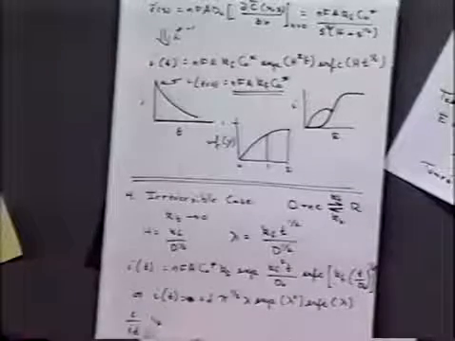I over ID is a function, F1 of lambda, equal to pi to the 1/2 lambda exp lambda squared, error function complement of lambda.